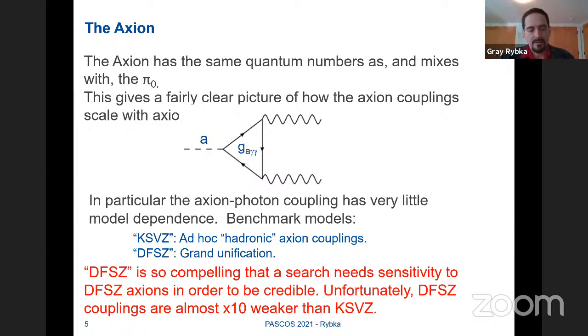The benchmark models that kind of bound the wiggle room are KSVZ and DFSZ, though you've heard some very creative theorists earlier in this conference talk about ways that you can actually fall off that coupling. KSVZ is the stronger coupling. DFSZ is the weaker. It's inspired by grand unification. And while you can produce couplings below DFSZ, you begin to run into other fine-tuning issues, and so that's the one we're usually targeting.